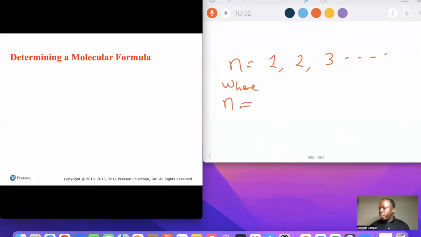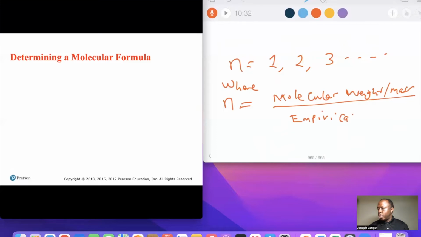N is given by the molecular weight or molecular mass over the empirical formula mass.